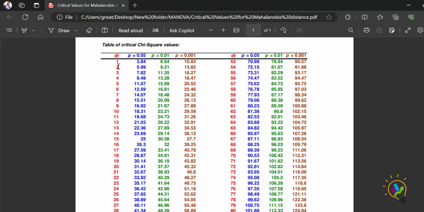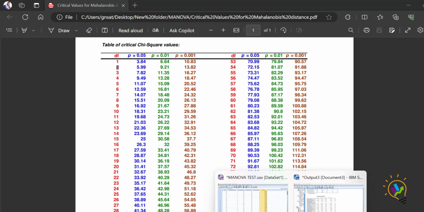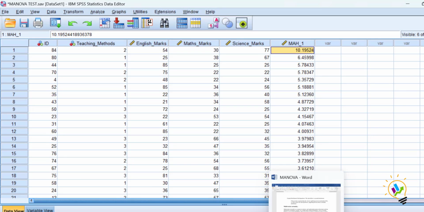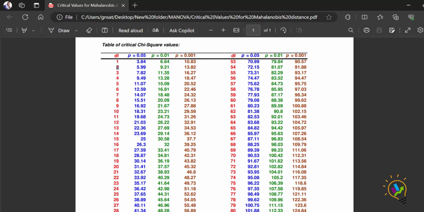Here we have two dependent variables, and the p-value is 0.001. At this point, the chi-square value is 13.82. But the maximum Mahalanobis distance we got is 10.19, while the chi-square value in the table is 13.82.